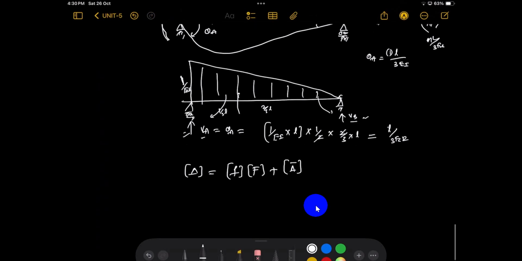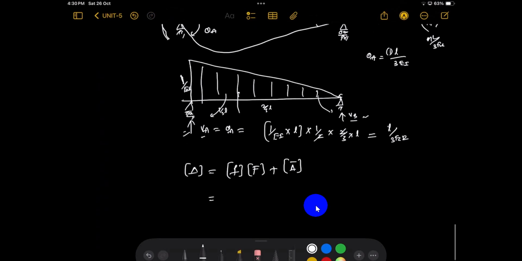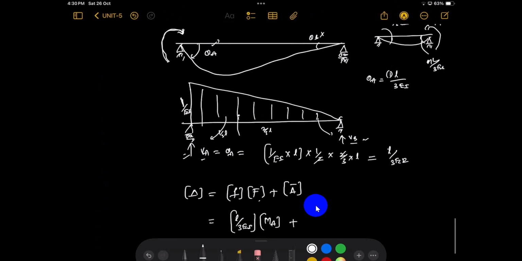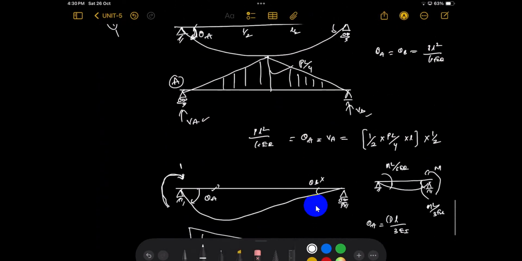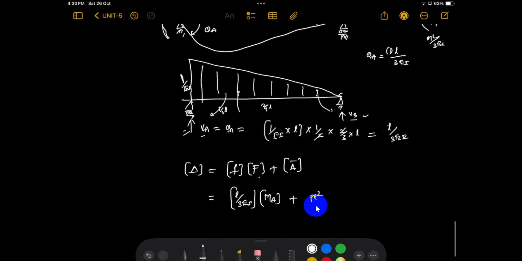Now just write it down. What is the flexibility? L by 3EI. What is the unknown value? MA. What is the free displacement? The free rotation you will get is PL square by 16EI.